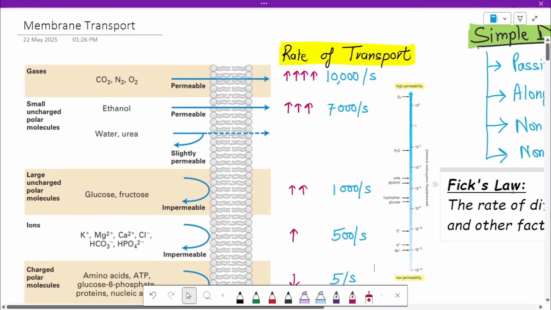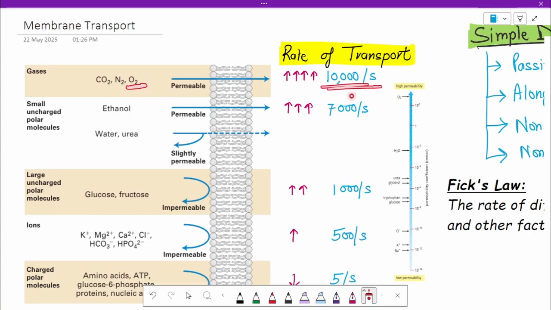The permeability of membrane is defined with respect to rate of diffusion: how many molecules of oxygen are entering the cell through this plasma membrane in a particular amount of time. For an example, we are considering that approximately 10,000 molecules of oxygen enter our cell through this plasma membrane in 1 second.